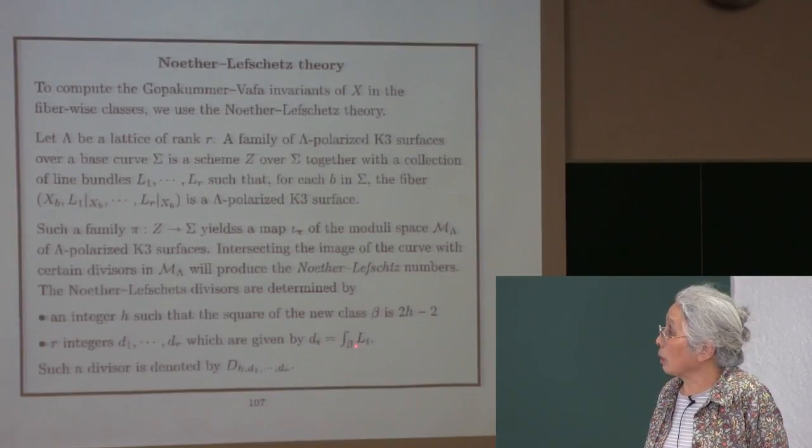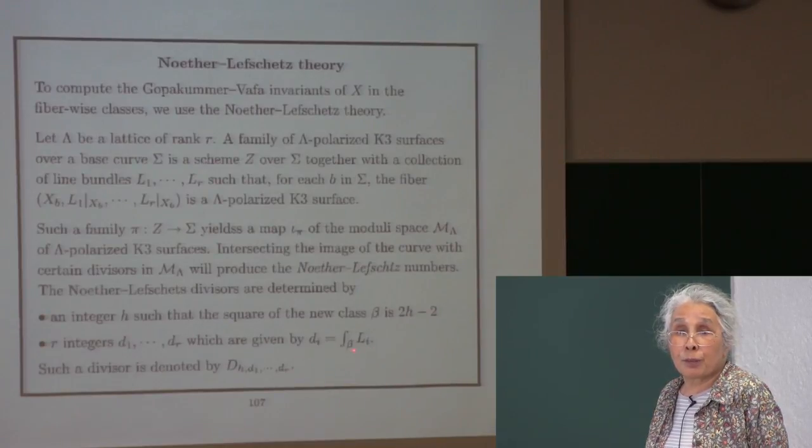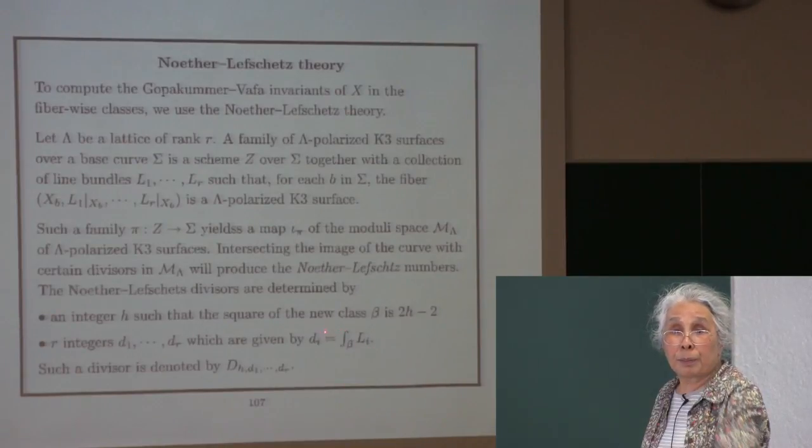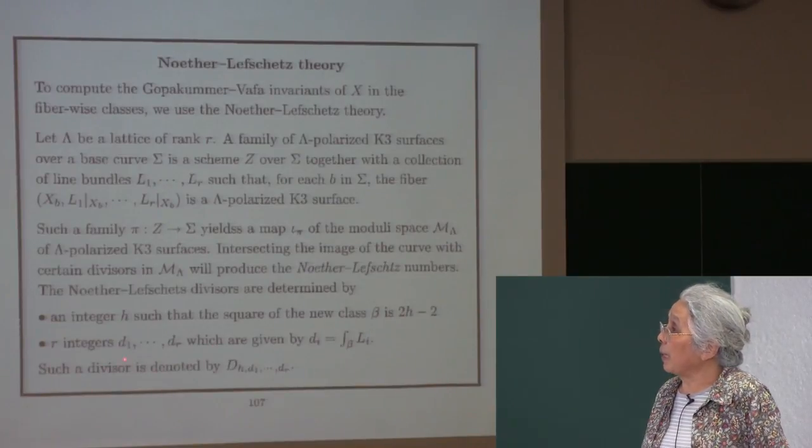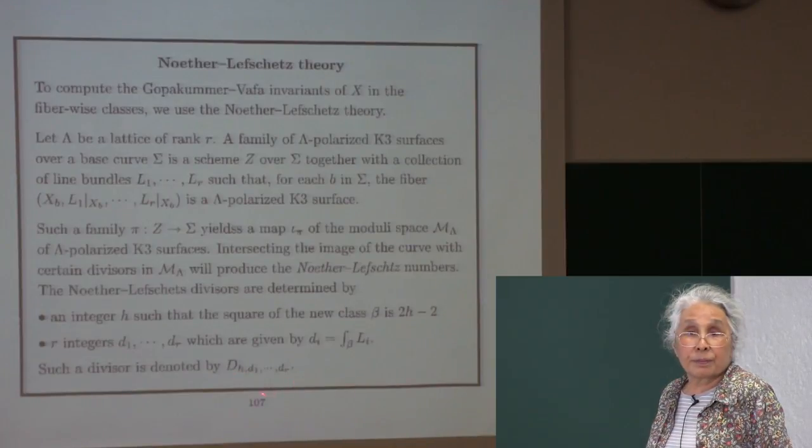Beta is in the homology class, and these are the line bundles, which I'm going to compute for my Picard group. Such a divisor is called a Noether-Lefschetz divisor, and this is the notation.